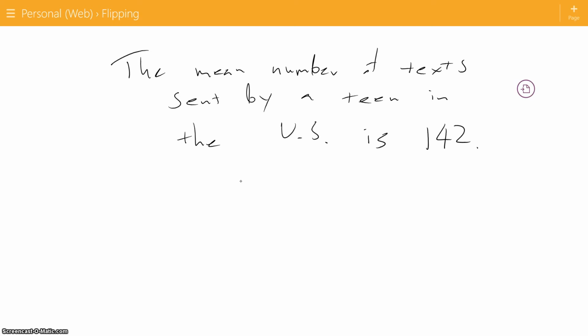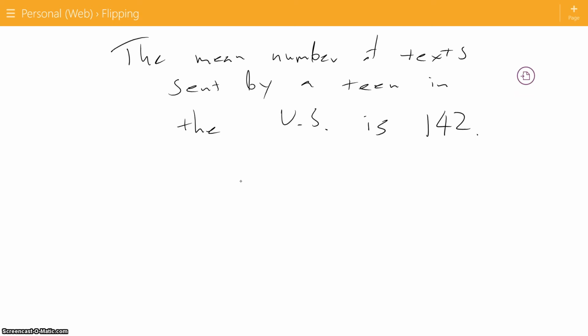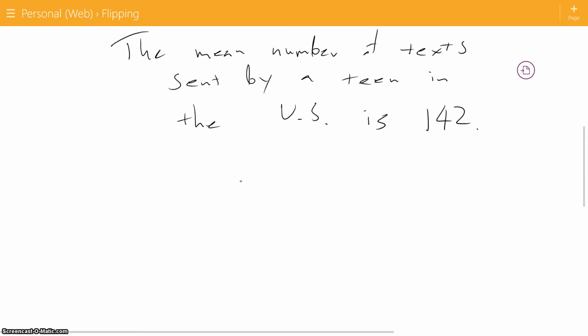Okay? So, if this is my claim that I want to investigate, I'm going to set up a null hypothesis. My null hypothesis, my H naught, or excuse me, I said H naught, but I put an N. My handwriting isn't that bad.